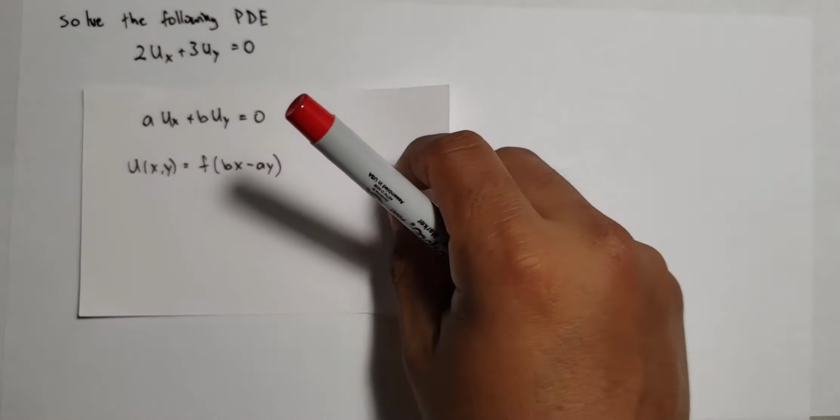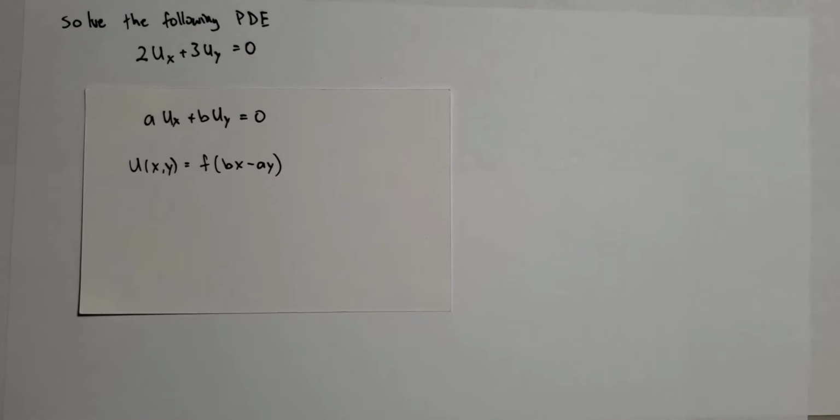So from earlier, we know that our solution for any type of PDE like this, without any actual given initial or boundary conditions, is going to be the following. We're going to have u of x, y is any function of bx minus ay, where b and a are coefficients.